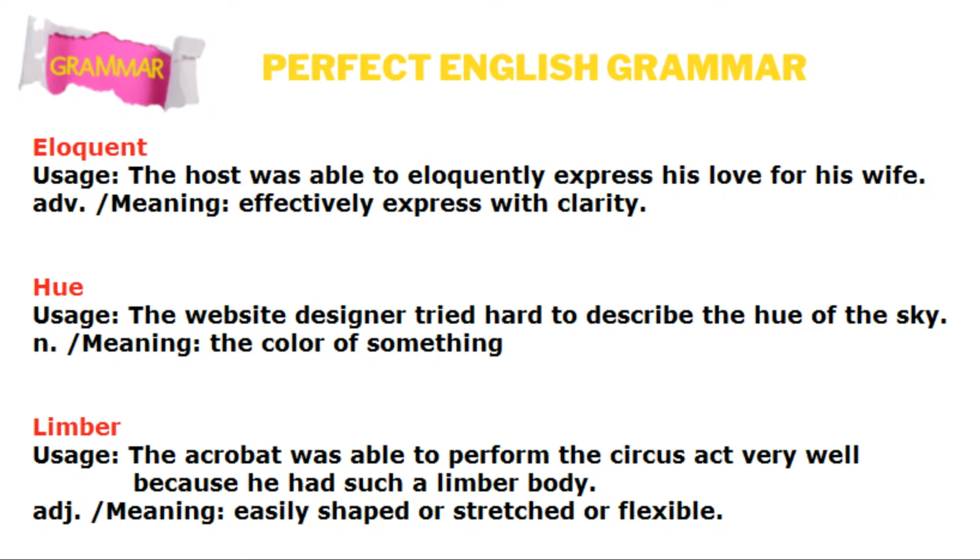Hue, a good synonym would be color, and limber, a good synonym would be flexible. And also, make a note that the synonyms for aptly would be appropriately, ambiguous was vague, and astute was perceptive.